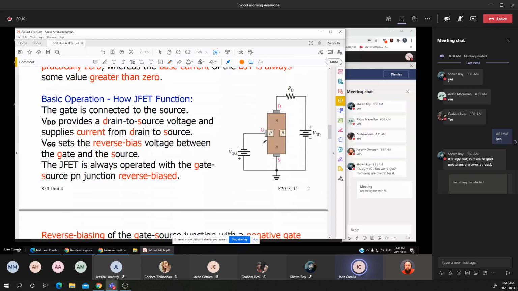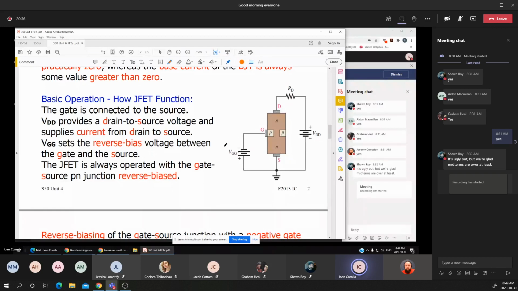Now, if I'm looking at this biasing for an FET, you notice that again, if there is no voltage applied on the gate, the channel is fully open and the maximum current is flowing between the drain and the source.